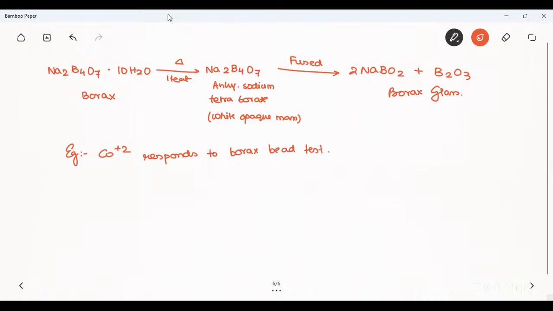It will form the boric anhydride, B2O3, which then reacts with cobalt oxide. This B2O3 is the boric anhydride, and they result in the formation of borax glass.